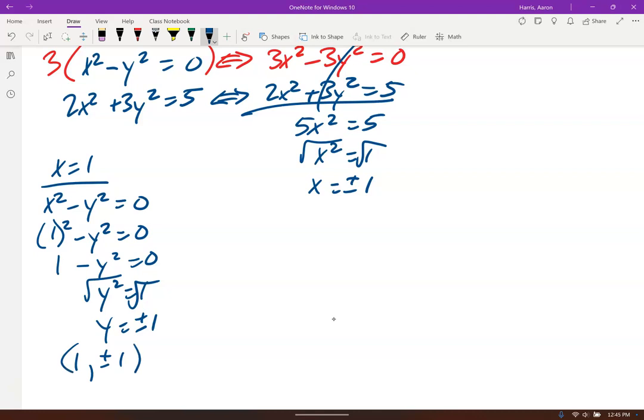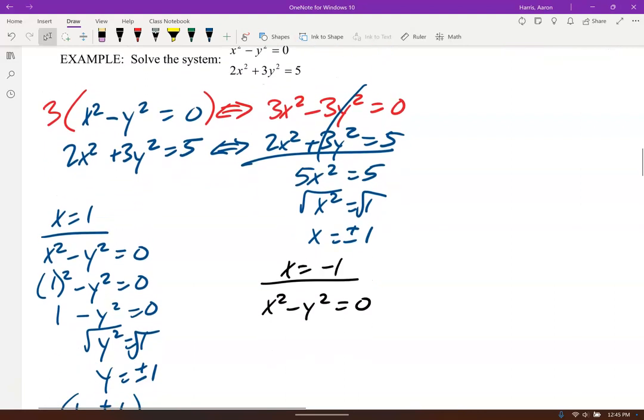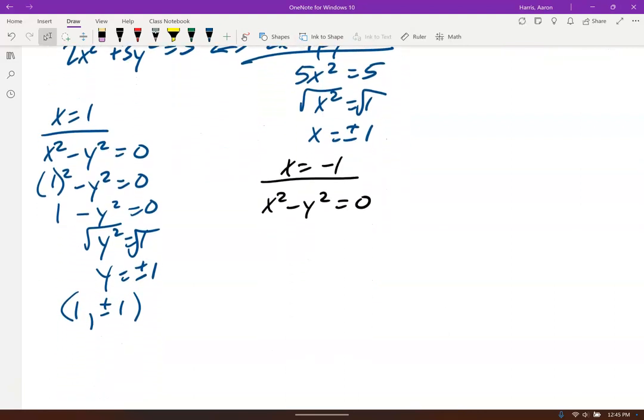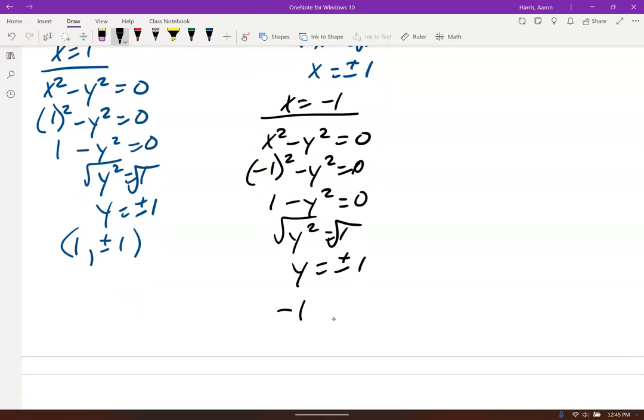Now I have to also consider when x is -1. And by the way, when you plug it into 2x squared plus 3y squared equals 5, you would also get plus or minus 1 on that last one. Same thing here. So when x is -1, you have plus or minus 1.